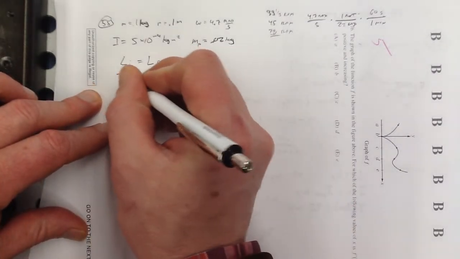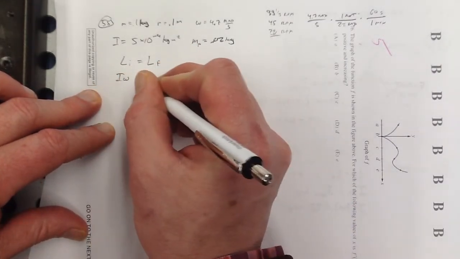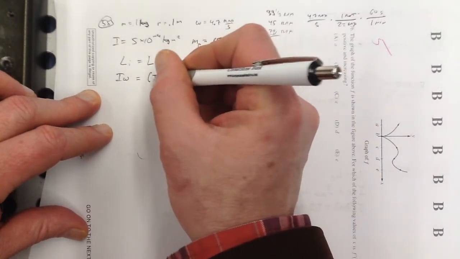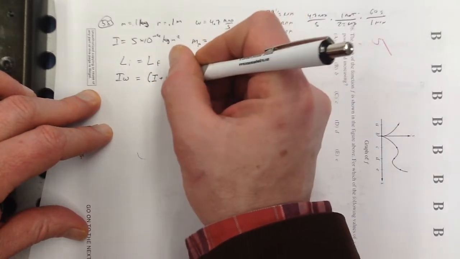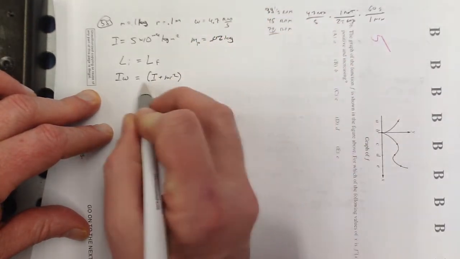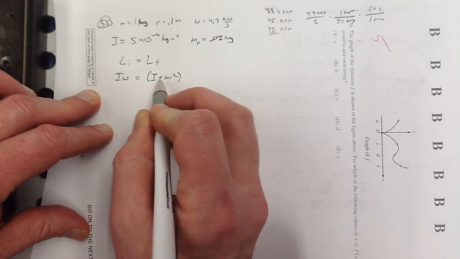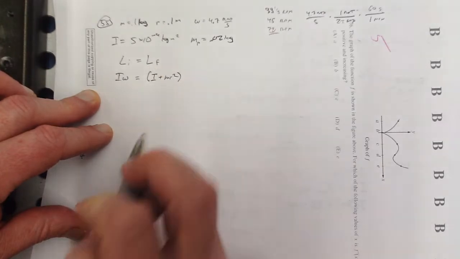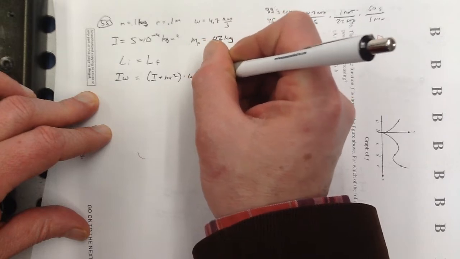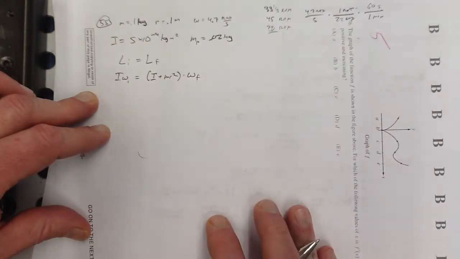Initially, I have the I omega of the record, and then afterwards, I have the I plus the mr squared of the particle that's sticking to it, right? Rotational inertias just add up like masses, so you just add the particle there, plus mr squared, times the final angular velocity. And that's it.